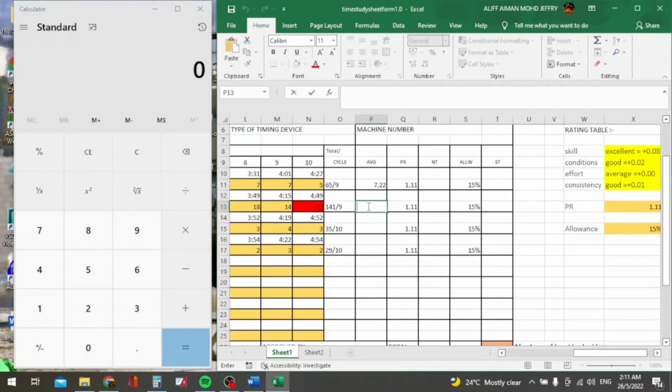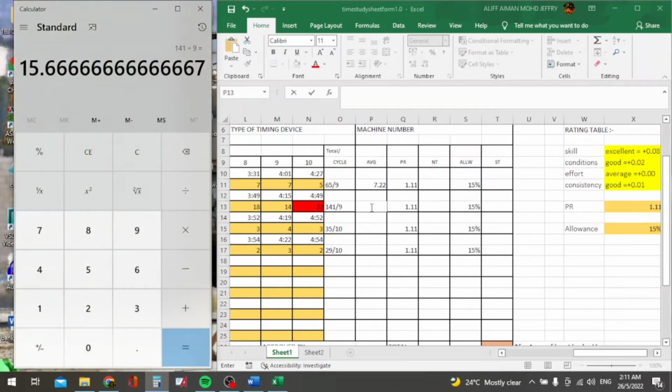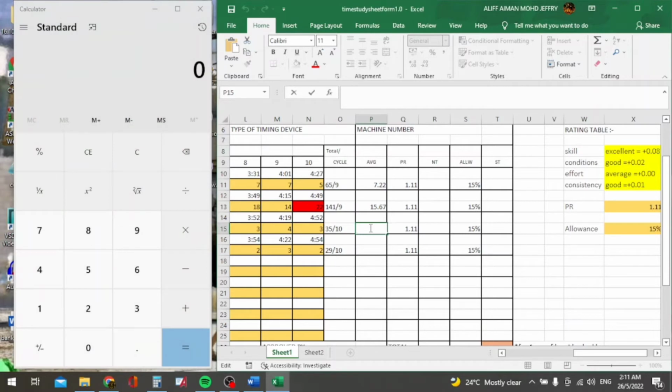The average time, divided by 9, we get 15.67. For the third one, 35 divided by 10, we get 3.5. And for the last one, we get 2.9.